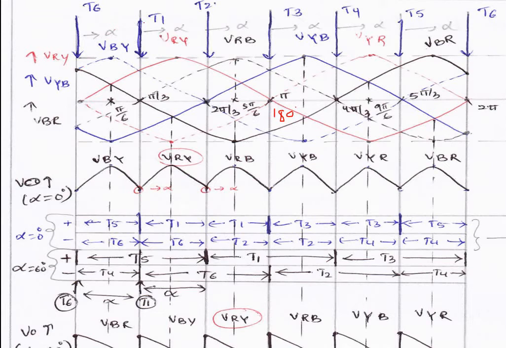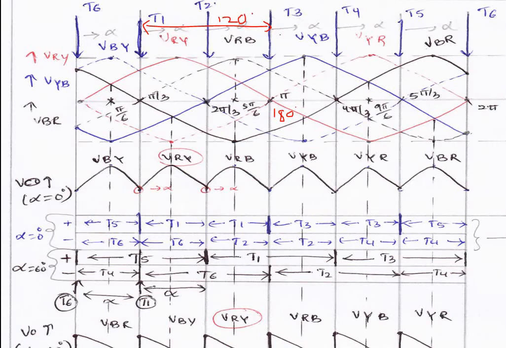So consider the triggering of T1. You can see the duration of T1 is 120 degrees, because each thyristor should conduct for 120 degrees. Upper group T1, T3, T5: each thyristor conducts for 120 degrees.